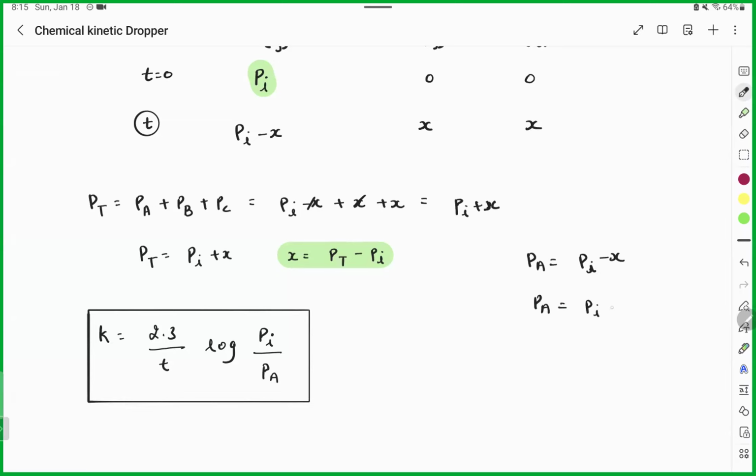Pt minus Pi. So PA will be equal to 2Pi minus Pt. Any doubt, guys? So the same thing will be K equals 2.303 by t log of Pi divided by 2Pi minus Pt.